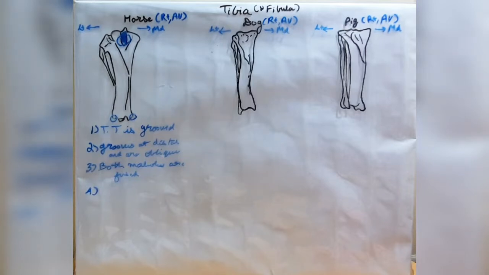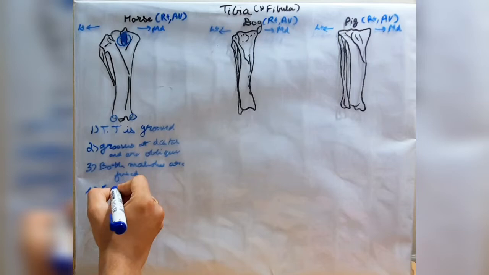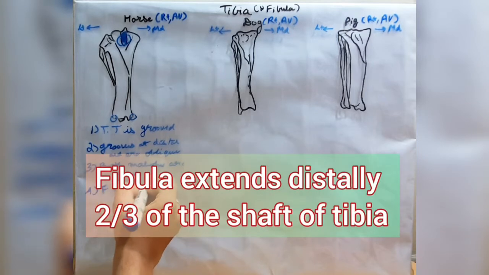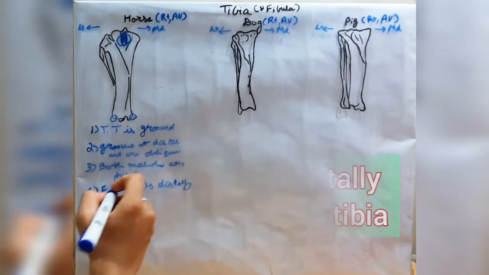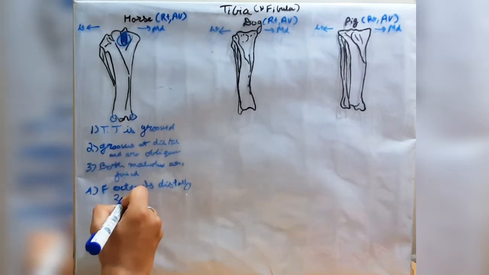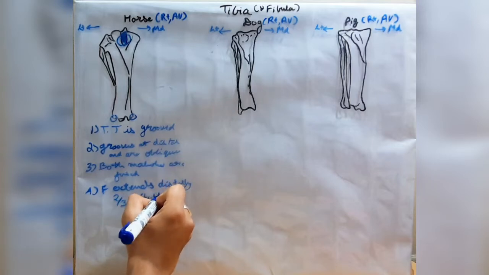Okay, in ox it is just a triangular prismatic projection, but in horse it is a complete bone, and it extends distally to 2/3 length of the shaft of tibia.